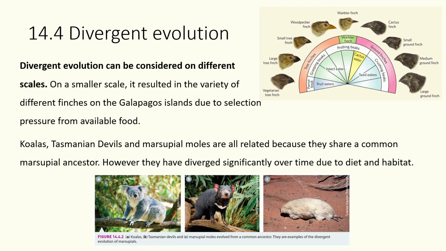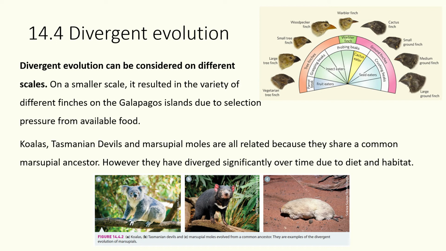If we look a little bit further back in time and look on a slightly bigger scale, though, we look at marsupials. Marsupials are one of the 3 subsets of mammals, the others being placental mammals or eutherians, and also the monotremes. Marsupials all share a common ancestor, hence why they are a group.